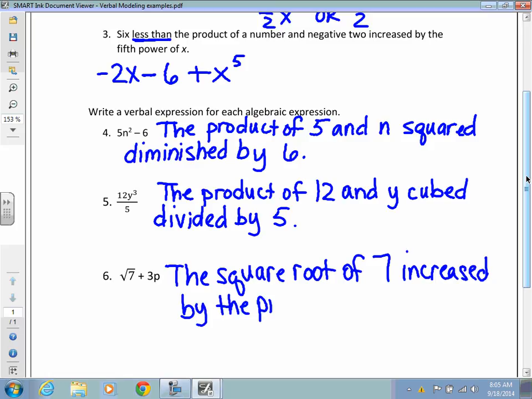The product of 3 and p. And again, this is one version to write this, but there are many other versions that would be just as correct. But again, it comes down to when you read your sentence back to yourself, does it translate to what you started with? And that's something we may have to work on a little bit in class. So hopefully you find this something that you can understand and that is not too difficult for you for right now.